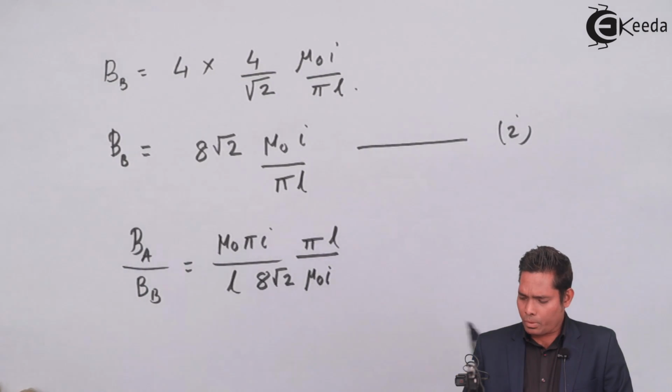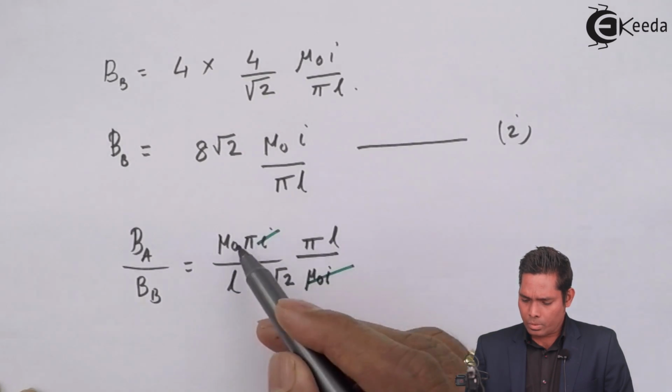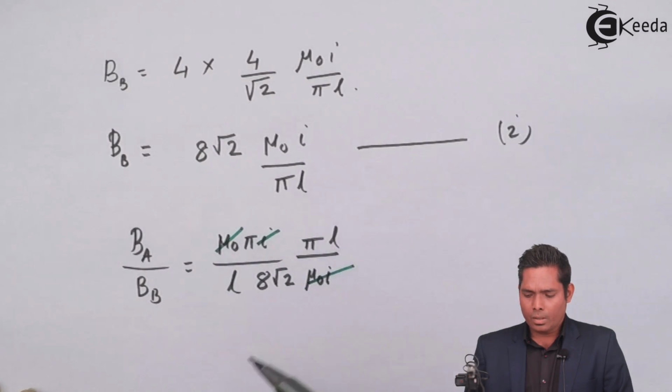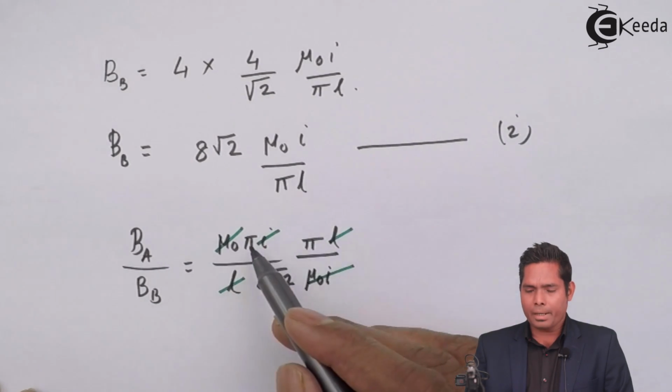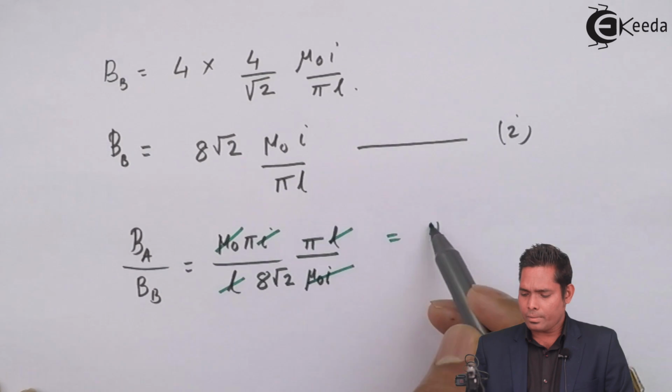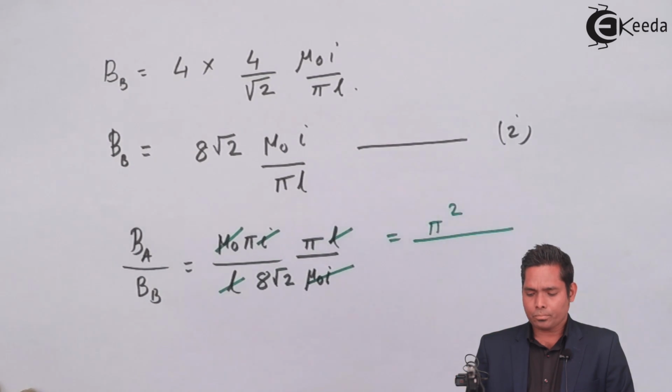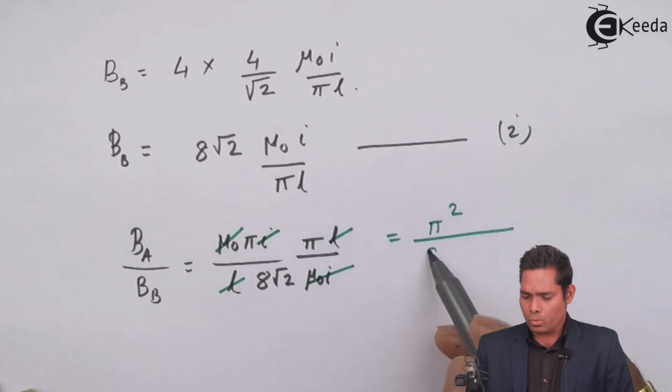Mu naught I and this mu naught I will cancel, this L and this L will cancel, pi and pi will be pi square, divided by 8 root 2.